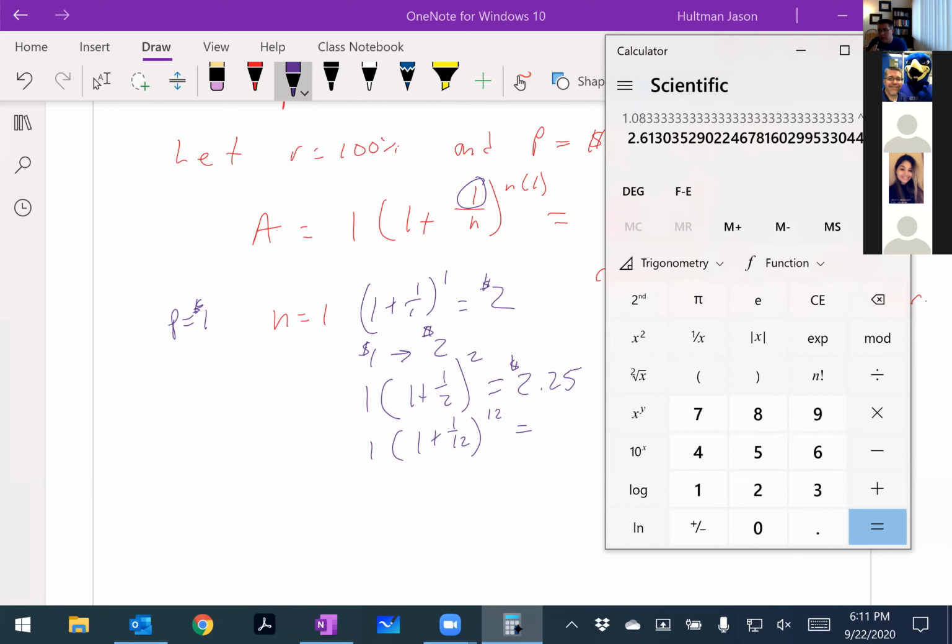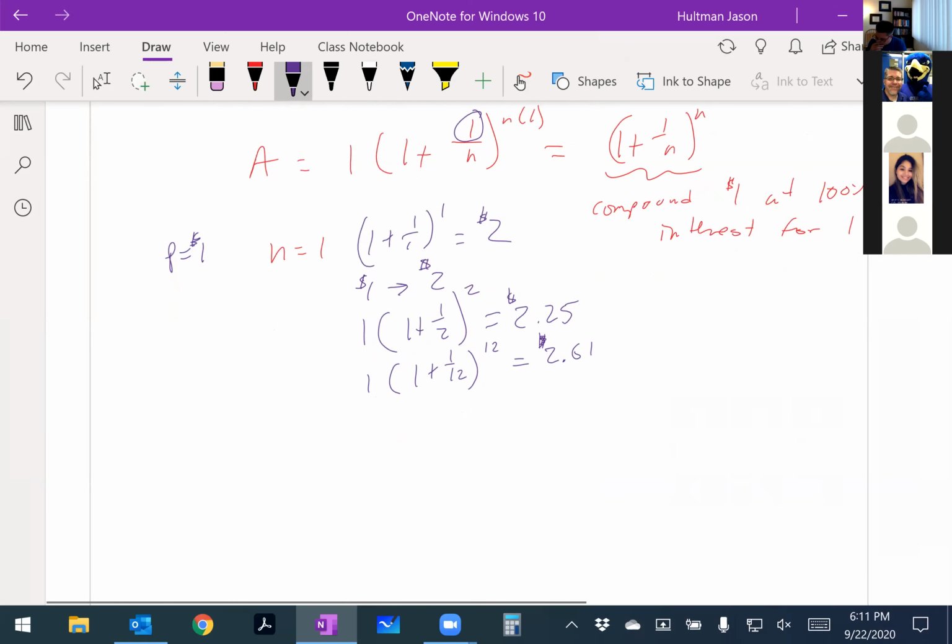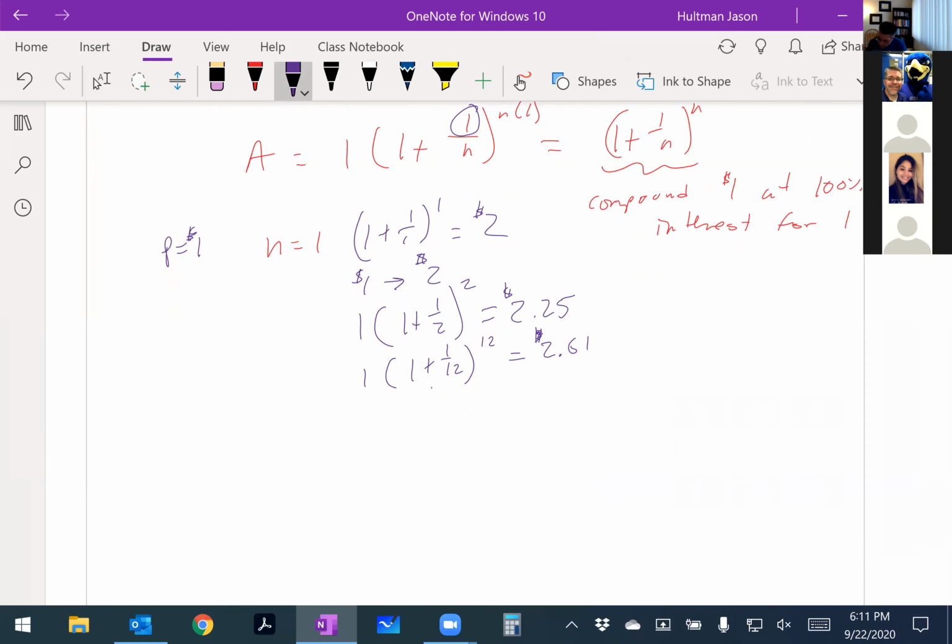So I turned my dollar into $2.61 by doing it monthly. It would behoove us to want to compound as much as possible. If we could compound 365 times in the year, like one every day, then we would make even more money at the very end.